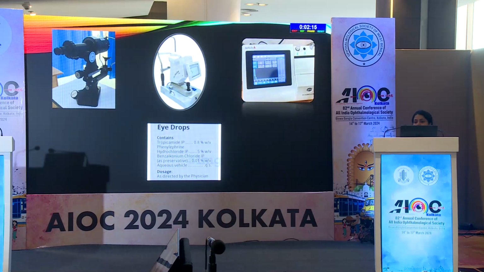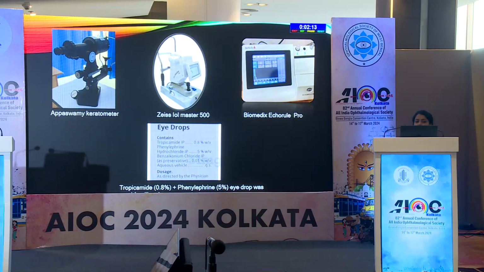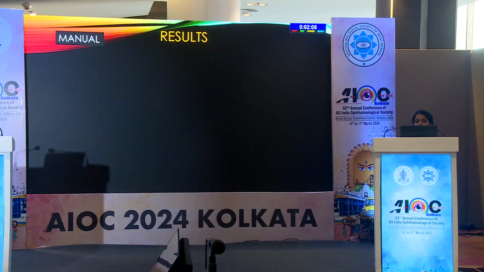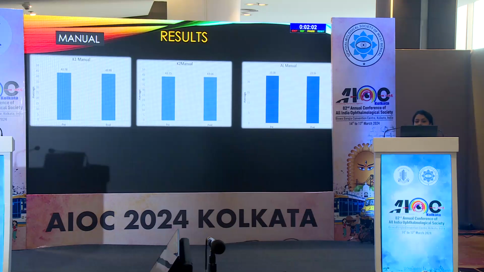These are the instruments which we have used in the study: the Appasamy keratometer, Zeiss IOLMaster 500, Biomedics EcoRoll Pro 2, and the drug used was tropicamide phenylephrine eye drop. The results via manual keratometry I have shown via 3 graphs.